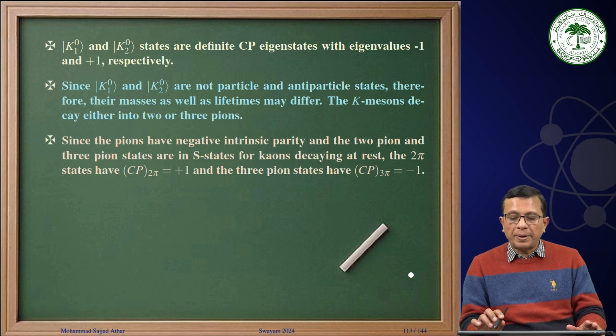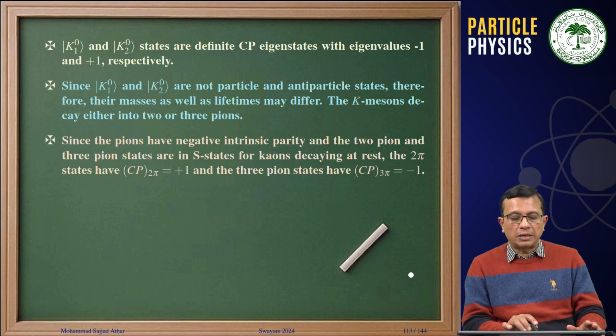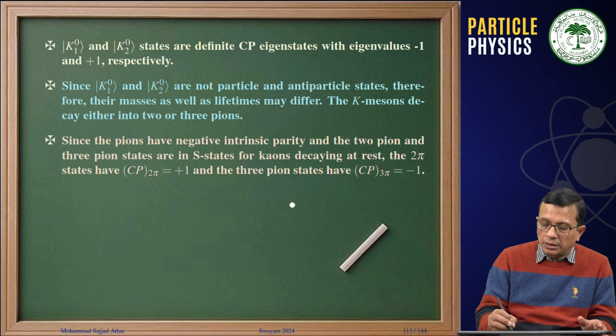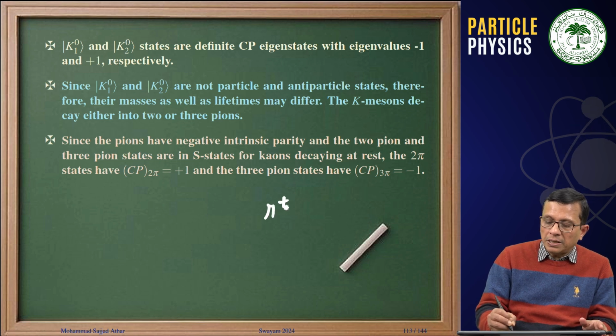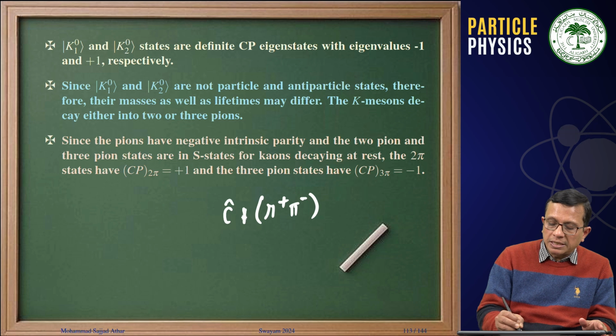Therefore, what will happen? The 2 pion states will have a CP parity equal to +1, and 3 pion states will have CP parity as -1. If you recall, pi plus, pi minus, we are operating by CP.